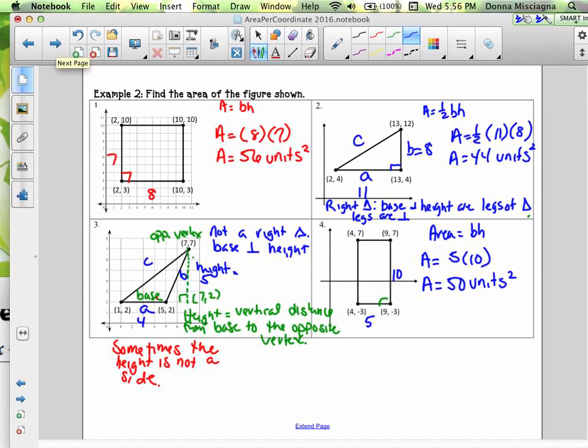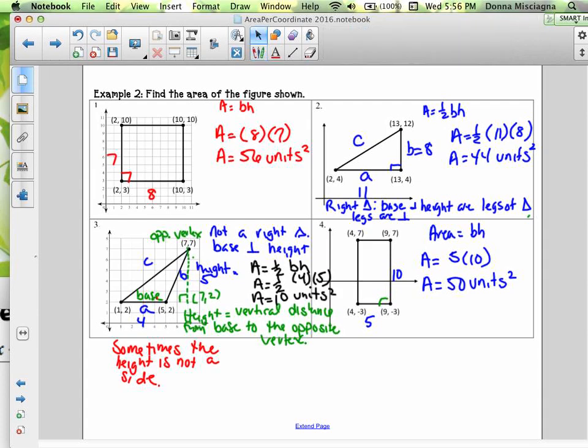Which means the area of our triangle is 1/2 base times height, so that's 1/2 times 4 times 5. 4 times 5 is 20, and 1/2 of that is 10. So our area is 10 units squared.